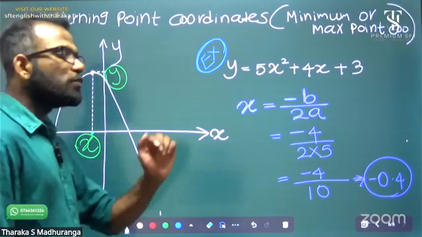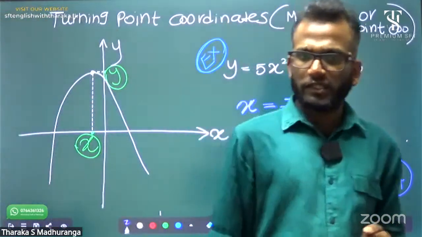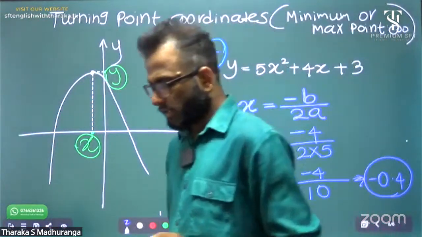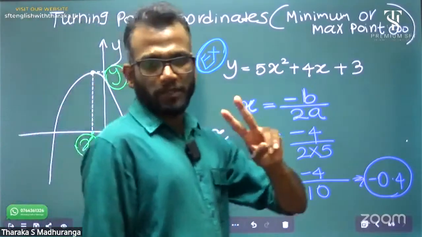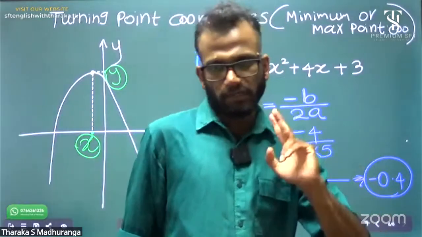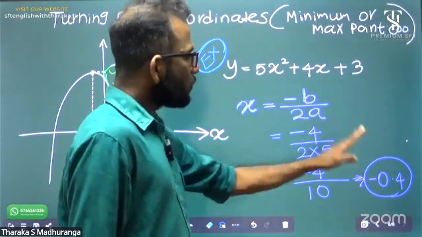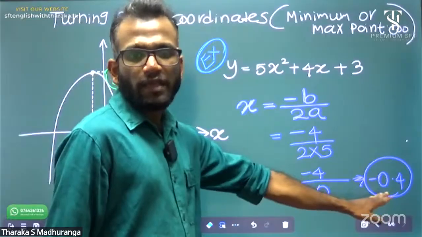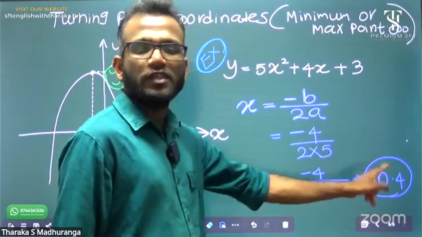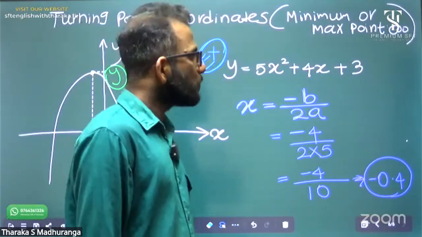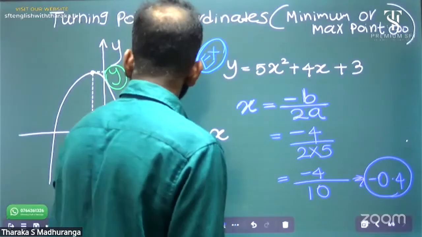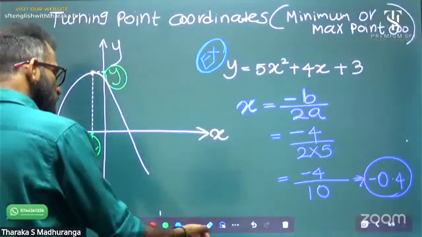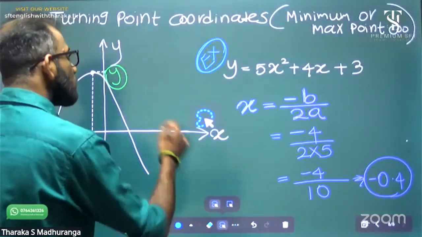Okay, now how can you calculate the y coordinate, the turning point y coordinate? Remember, you have two options. Now you already know the x coordinate, minus 0.4. You can substitute this x value into our common equation.